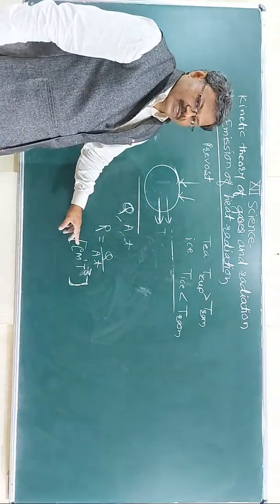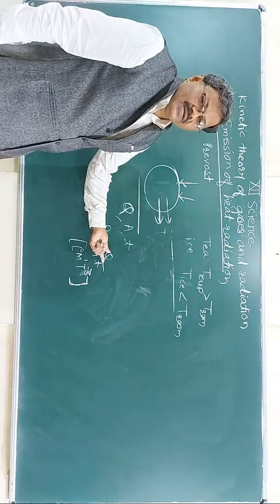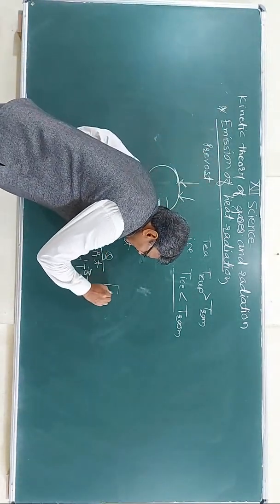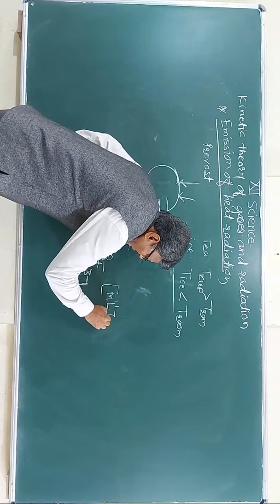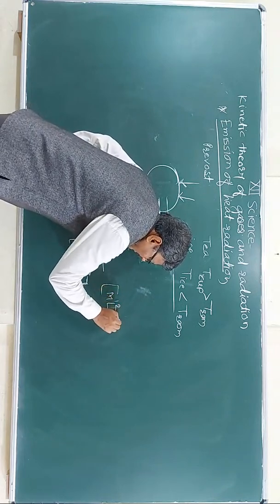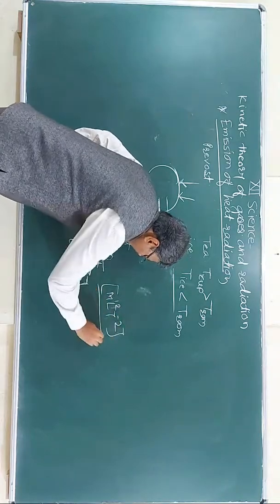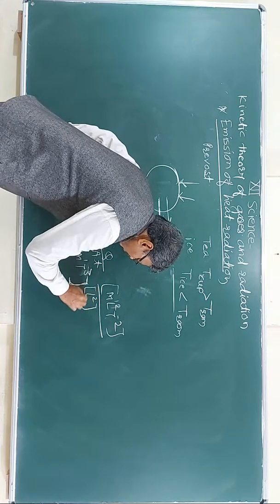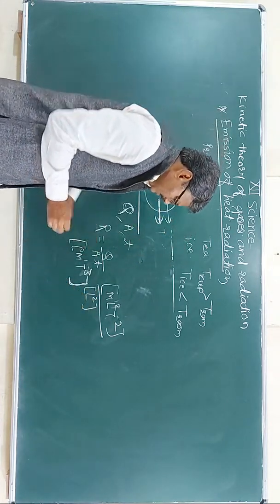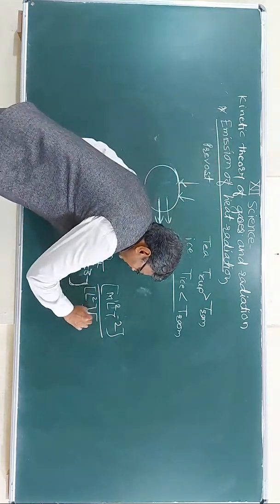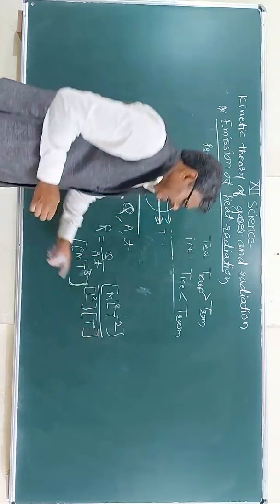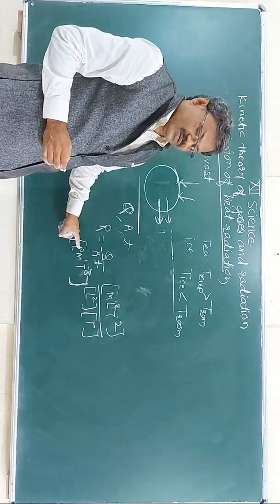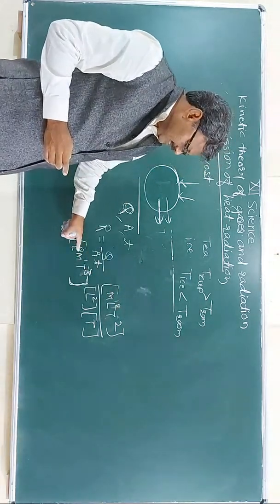Actually, what does this Q mean? It is heat energy. We know the dimensions of heat energy are M^1 L^2 T^-2, and the dimensions of area are L^2, while time is T. Taking L^2 over L^2, 2 minus 2 becomes 0, and M^1 is there as it is.